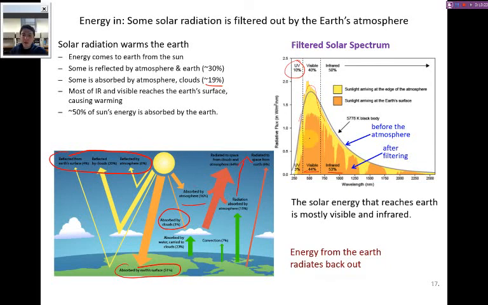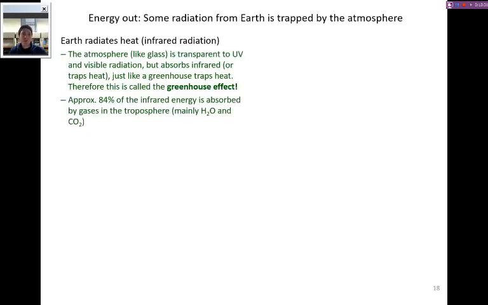And then the energy from the Earth is radiated back out into the atmosphere. Let's take a closer look at that process. So again, the Earth is radiating heat or infrared radiation. The atmosphere, which behaves like glass, as we described, is transparent to ultraviolet and visible light, but it traps in and absorbs infrared light. And so this is what brings about, again, the greenhouse effect.